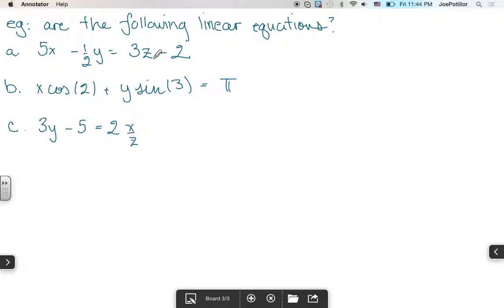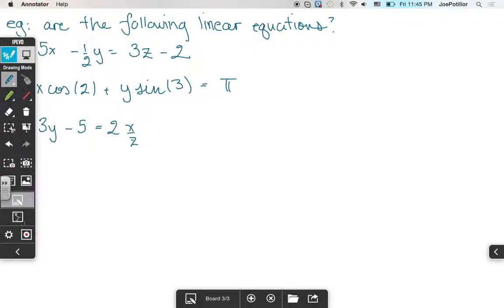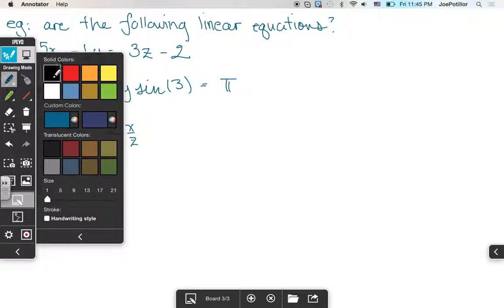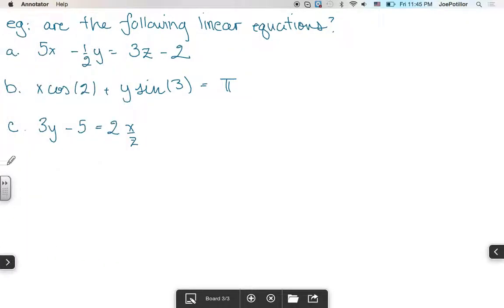We'll deal with these three equations and we'll deal with some implications. Now, the first problem that I want to look at is part A. Part A is relatively obvious, but if you don't see it, that's okay, don't worry. We'll point it out.